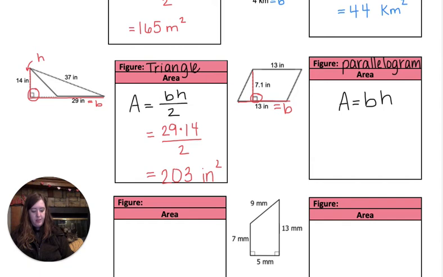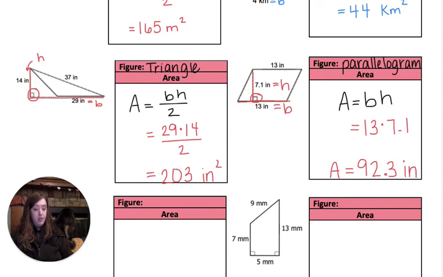The other piece of this right angle is my height right there of 7.1. So I'll take 13 times 7.1. And then we'll put that into our calculator, and we will get 92.3, and that's square inches, or inches squared.